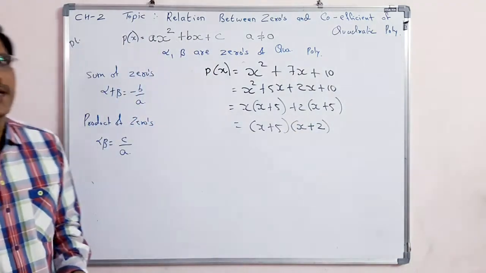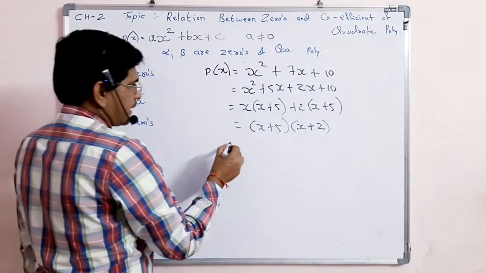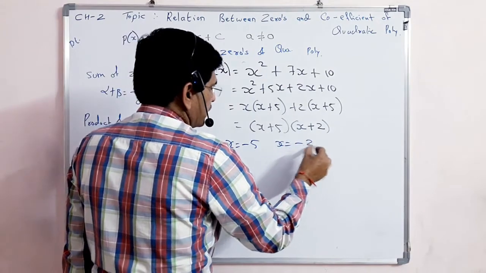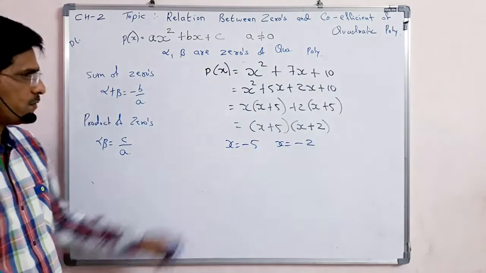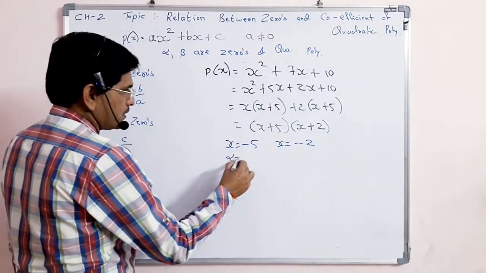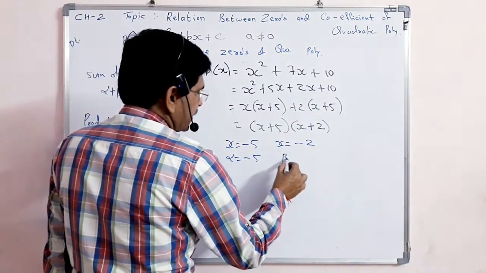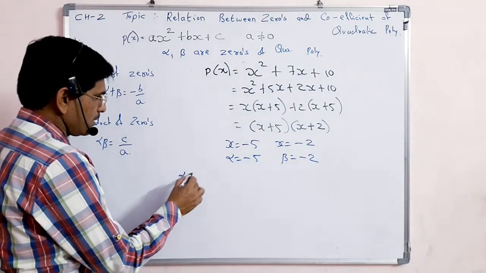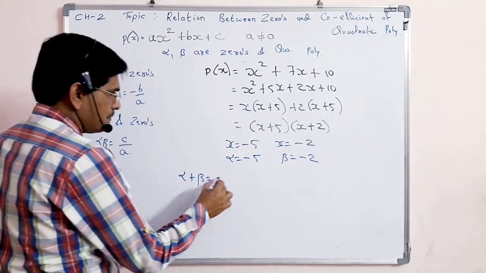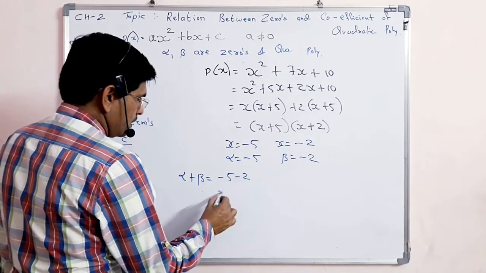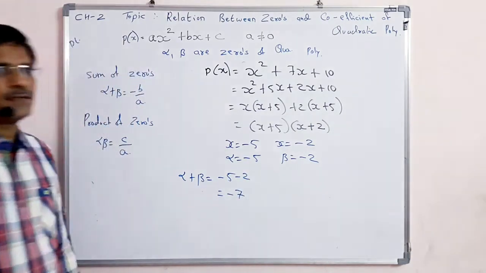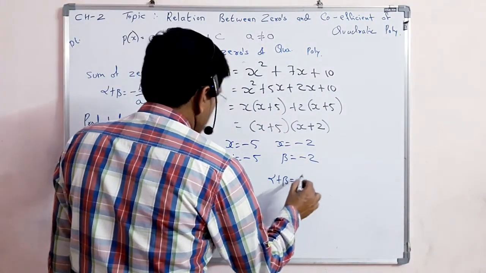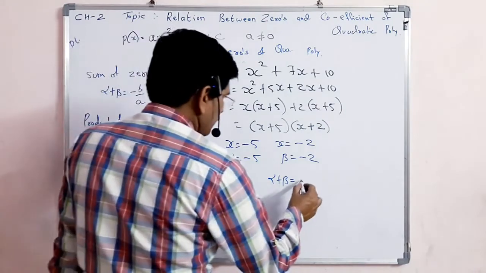Now x plus 5 and x plus 2. So x is equal to minus 5 and x is equal to minus 2. Now sum of zeros. So alpha is equal to minus 5 and beta is equal to minus 2. Now alpha plus beta, that is minus 5 minus 2, is equal to minus 7. Now according to the relation, alpha plus beta is minus b by a.